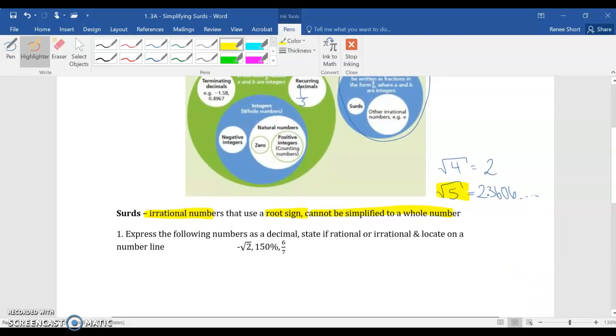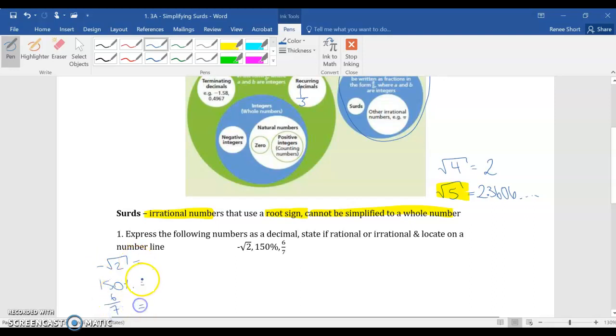Now, the first question here, and there's some in your textbook, they just get you to express the following numbers as decimals, decide if they are rational or irrational numbers, and then find them on a number line so that we can think of their perspective in relation to other numbers. So our first numbers to work with are negative root 2, 150%, and 6 over 7.